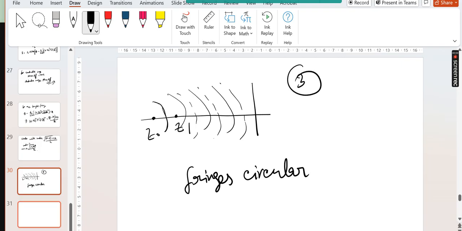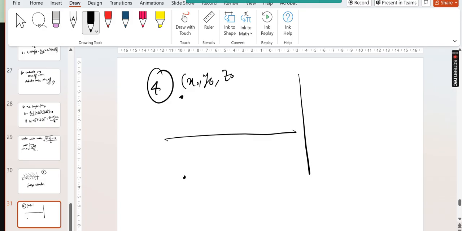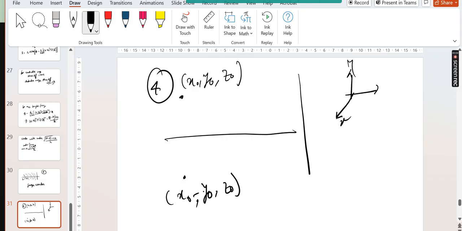You can try it on your own, but if these 2 points are situated like this, x naught, y naught, z naught, and x naught, minus y naught, and z naught, because this is x direction, this is y direction, this is z direction, only y is in the opposite direction, we get fringes which are not circular but straight lines.